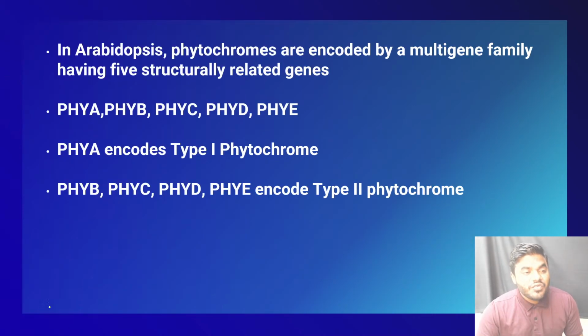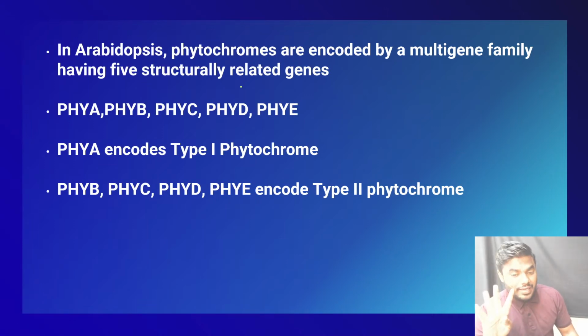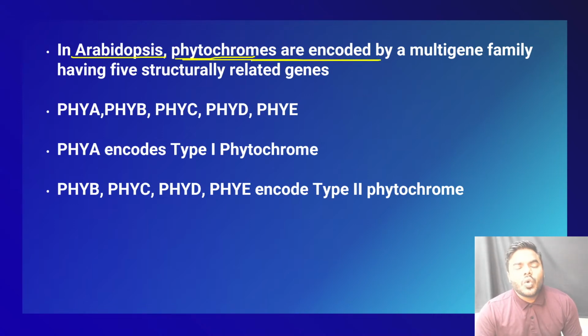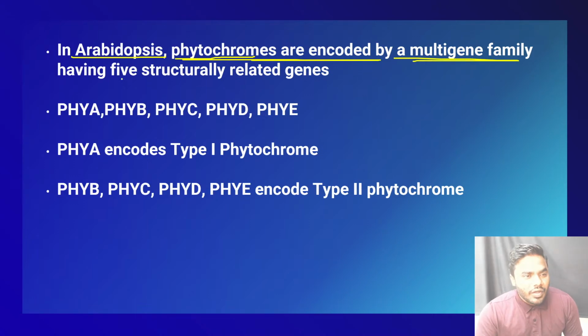Then the last and final point, which is also asked as one of the statements in the 4-marker question. Phytochromes, especially in Arabidopsis thaliana. In Arabidopsis, phytochromes are encoded by a multi-gene family having 5 structurally related genes.